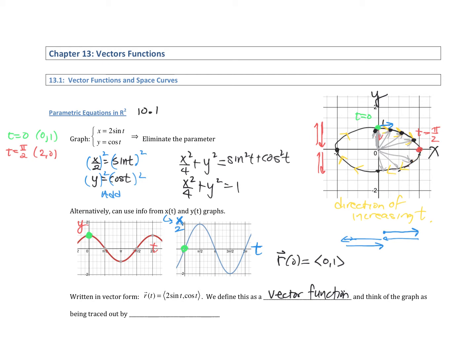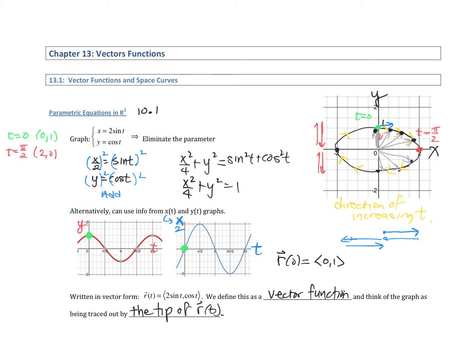And so graphing the vector function is the same thing as actually graphing that pair of parametric equations. It's just looking at it in a new light. So we think of the graph as being traced out by the tip of r of t.